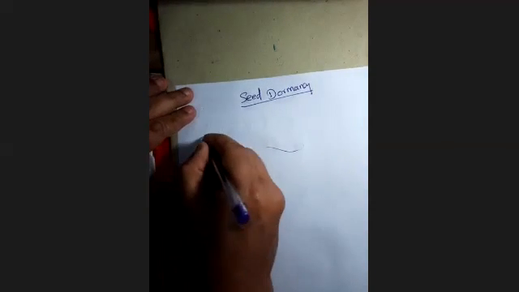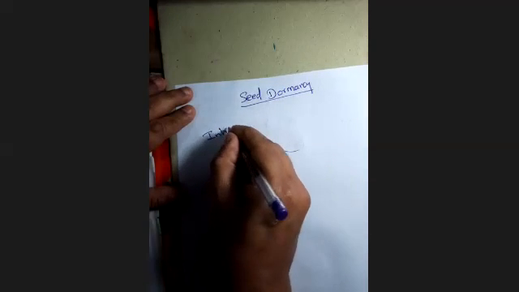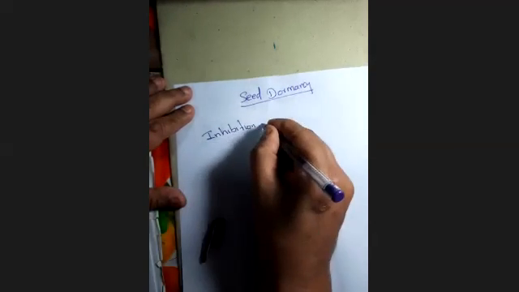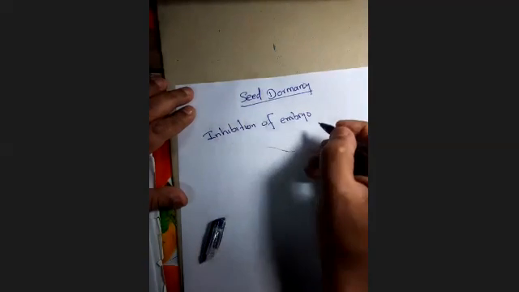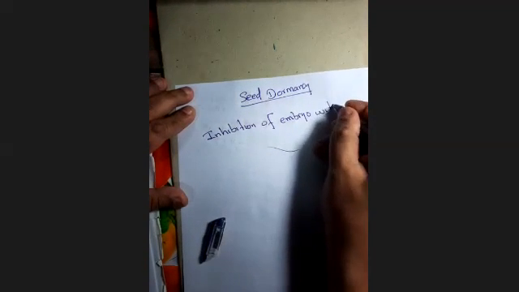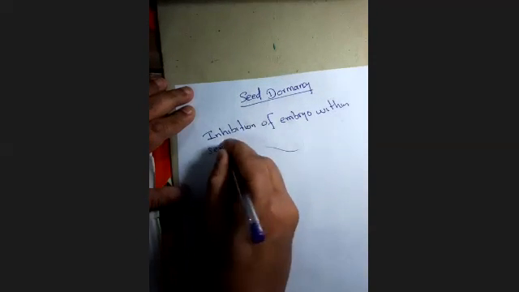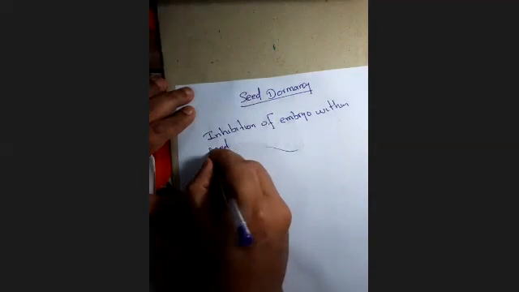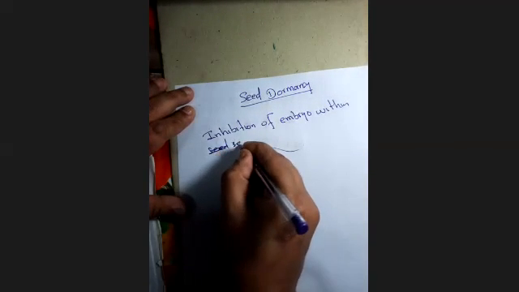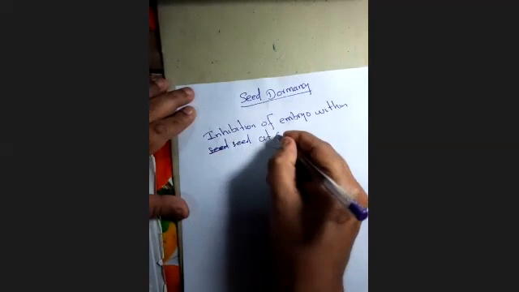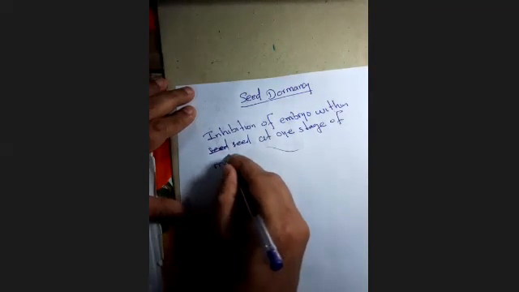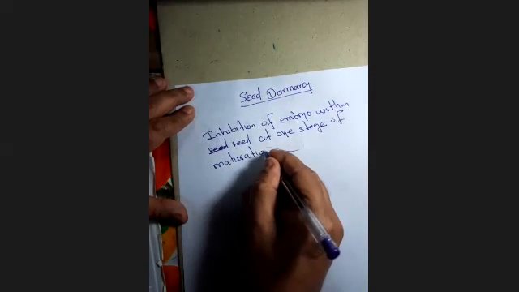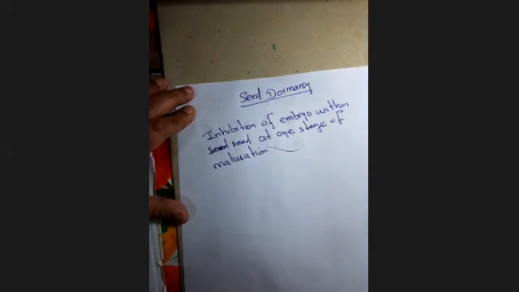It is the inhibition of embryo within seed at one stage of maturation, naturally preventing germination of seed within the fruit.